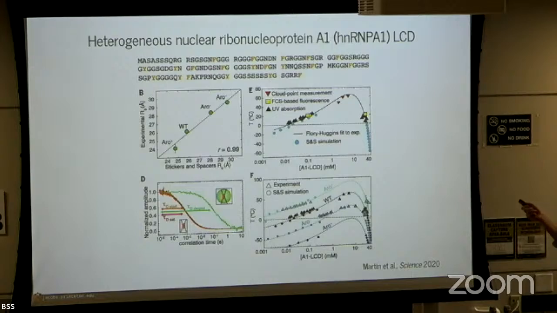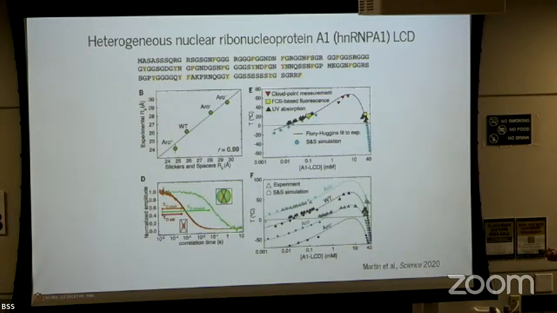It's low complexity because even though you have an alphabet of 20 amino acids, actually only a few amino acids are highly overrepresented in the sequence here. And many of these proteins in biology that don't fold into compact states but stay disordered are LCDs.